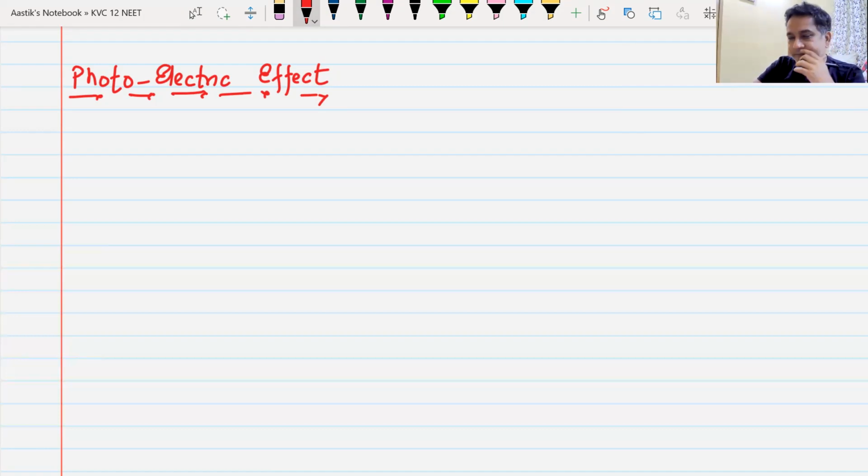What do we understand by photoelectric effect? Something related to light and electrons. What something? Something at this stage is not the correct thing.